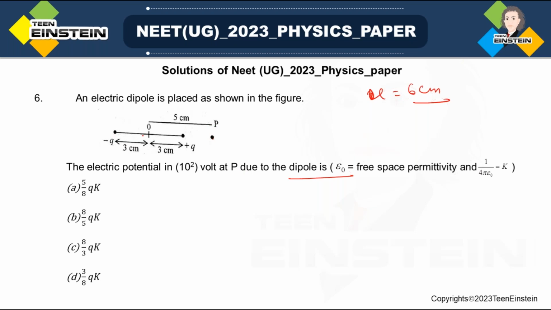So this is the point which is 5 centimeter away from the origin, the middle point of the dipole. So in this case, you know how to find out potential.